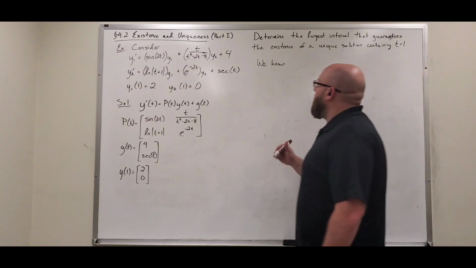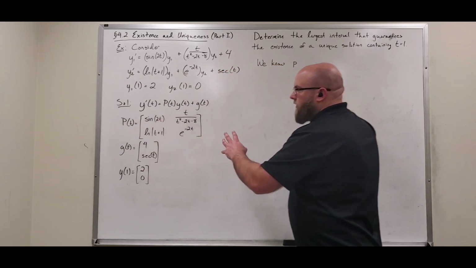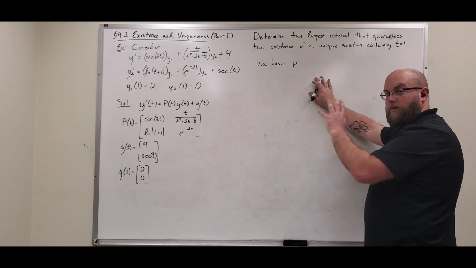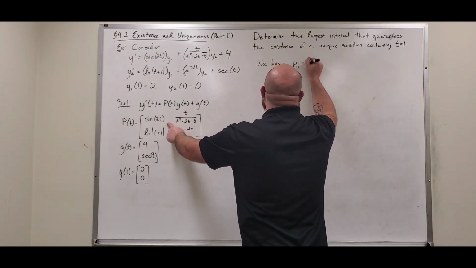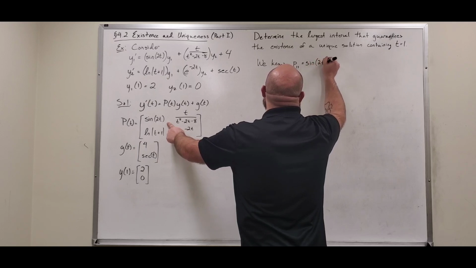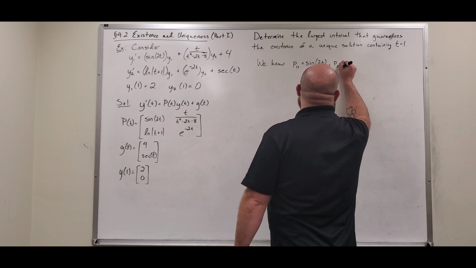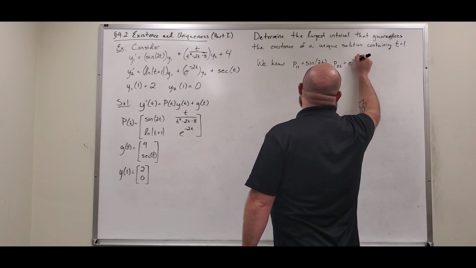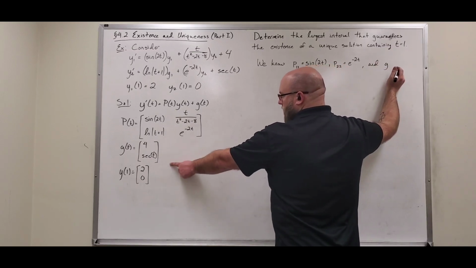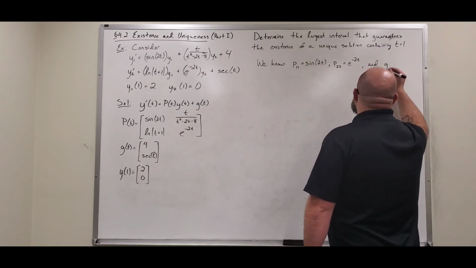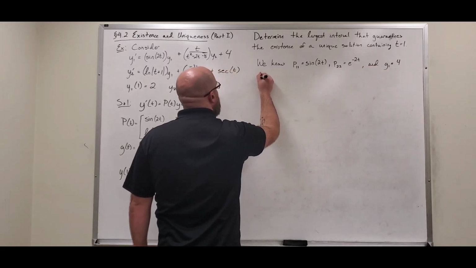Just so you're used to talking about what we're referencing with the generalized form, this is P11 equals sine of 2t. P22 is equal to e to the negative 2t. And G, since we only have one column here, G1 is equal to 4. We know that these guys are continuous.